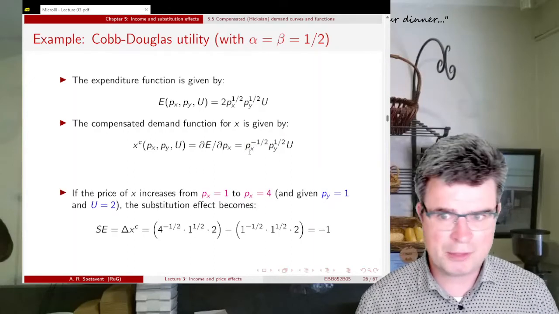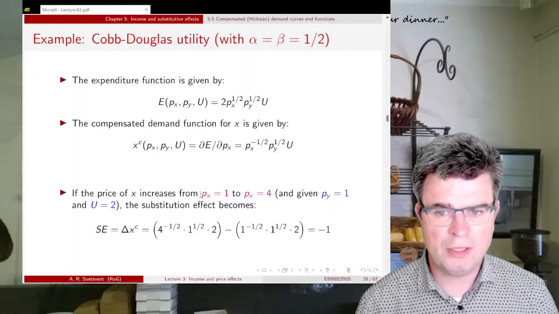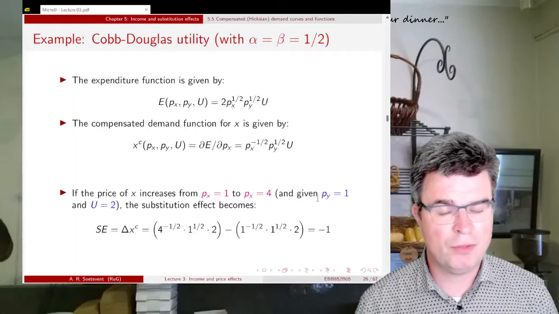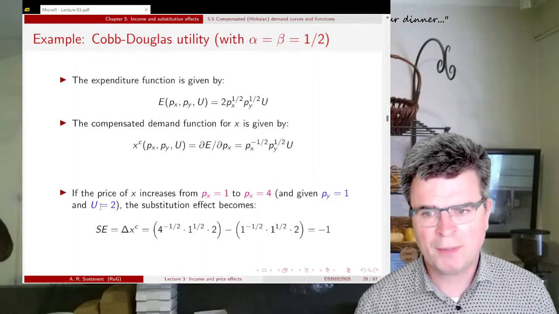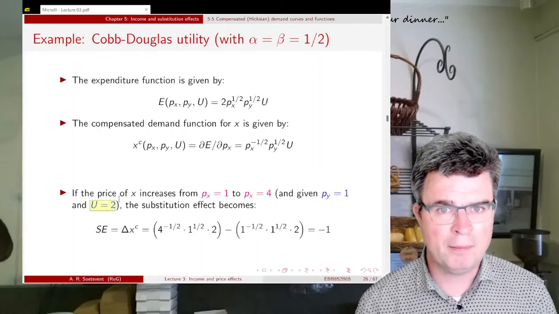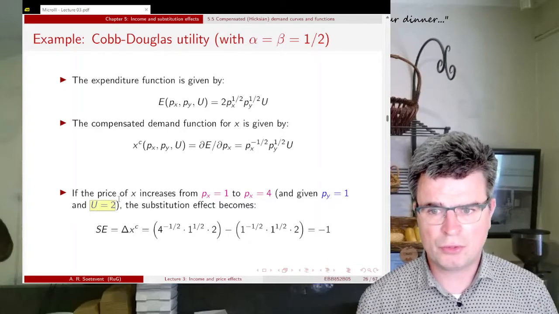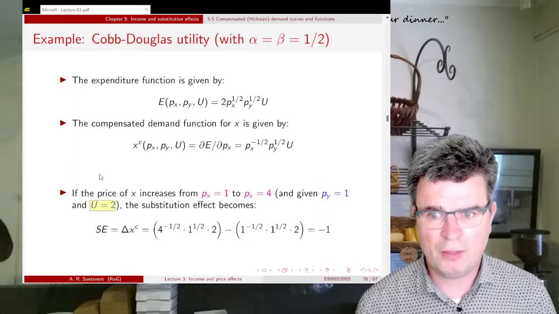So suppose, for example, that the price of good X increases from 1 to 4, given that the price of the other good Y stays put at 1, and that we want to remain tied to the indifference curve associated with a utility of 2.